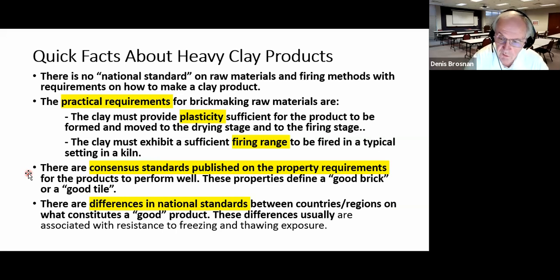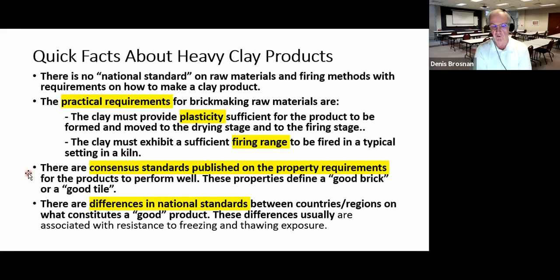There are European standards and so on, Australian standards, Canadian standards, you name it. So I always say a good brick is one that meets those standards in terms of properties that they publish or performance that they publish that a product must have. I may have my own opinion of these standards, and this will come out in the lectures, but my opinion doesn't matter because it's the consensus of smart people that establishes what a good brick is.